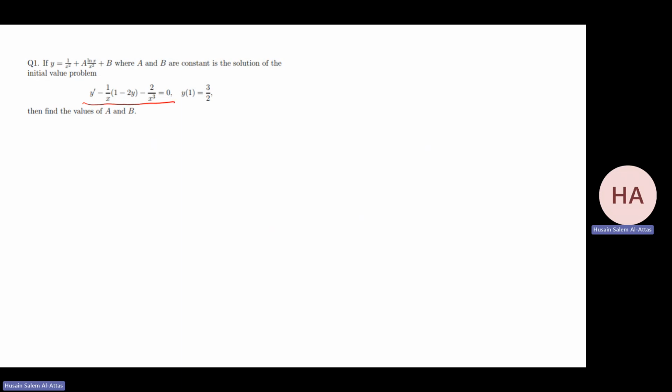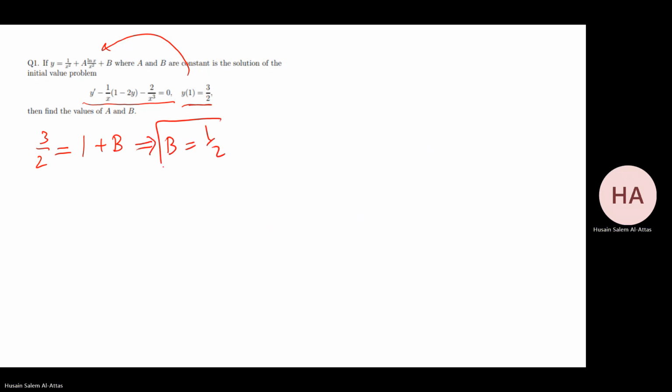First, let me do this. Y at 1 equals 3 over 2, which is easy. Plug it here. 3 over 2 equals, I put x equal 1, I have 1, then 0, plus b. So that means b equals half. Okay, I'm done with b. That will be half.